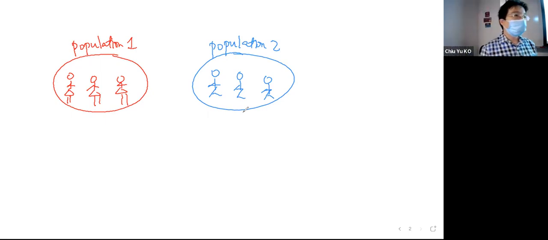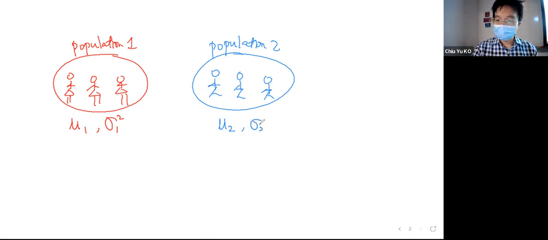So what do you care about in this framework? In the one sample test, we're able to measure the mean of population 1, right? And you can also measure the variance of population 1, right? And you also may be able to evaluate the population mean for population 2, and the variance of population 2, okay?